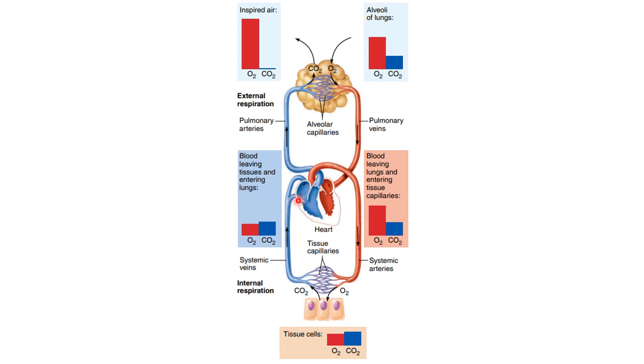Blood from the rest of the body, venous side, which is rich in carbon dioxide and low in oxygen, goes back to the right side of the heart, the right atrium, right ventricle, pulmonary artery, and goes into the lungs, where in the lungs it encounters alveolar air, which is rich in oxygen and poor in carbon dioxide. So the carbon dioxide goes into the alveoli and the oxygen goes into the blood.